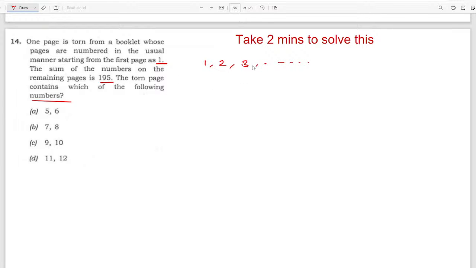So since these are natural numbers, we have a direct formula for the sum of the first n natural numbers.